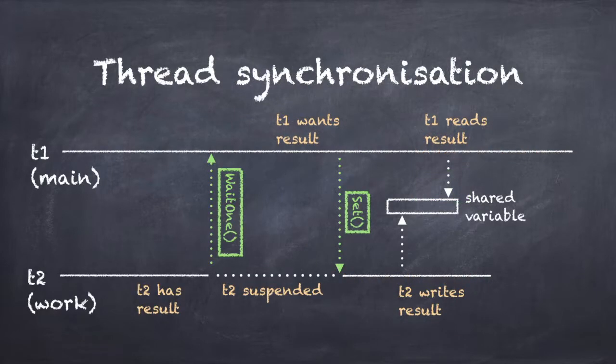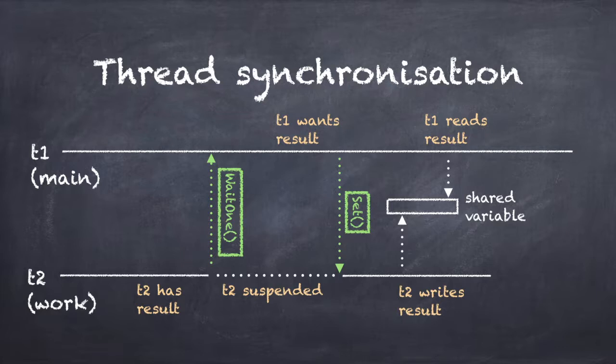I can implement the communication channel using an AutoResetEvent. The work thread asks if the main program thread is ready by calling the wait1 method on the AutoResetEvent. The main program thread, in turn, indicates it is ready to receive a result by calling the set method, also on the same AutoResetEvent.